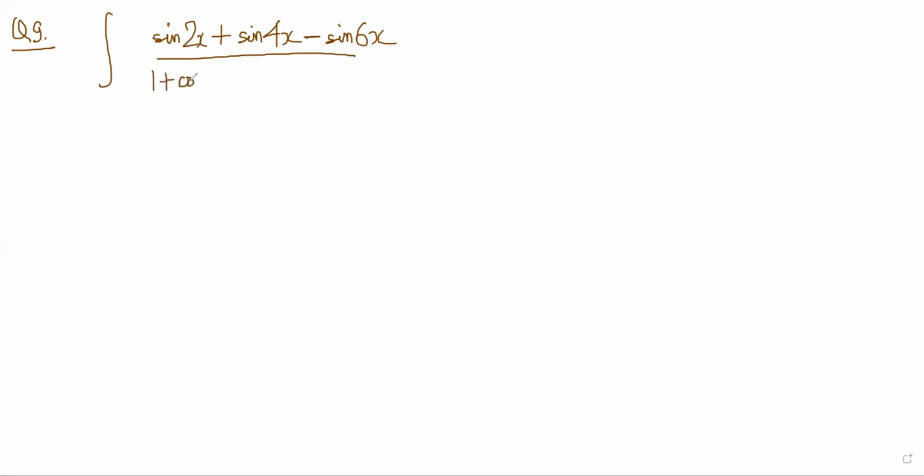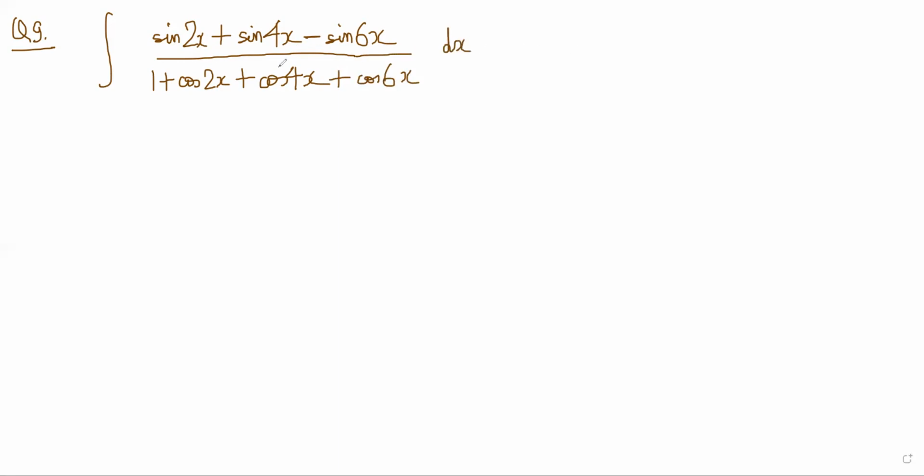Let's move on. This is question number 9, and this talks about the integral of sine 2x plus sine 4x minus sine 6x divided by 1 plus cos 2x plus cos 4x plus cos 6x dx.